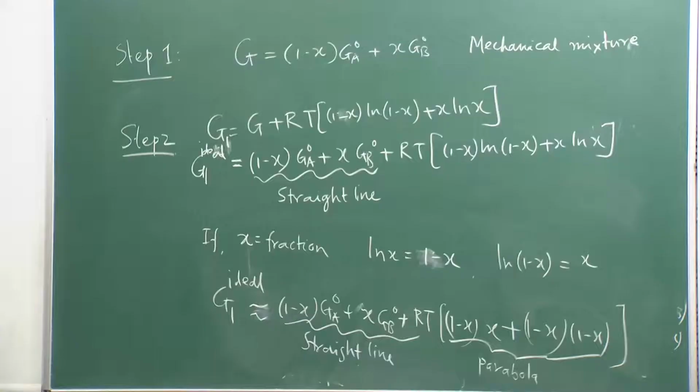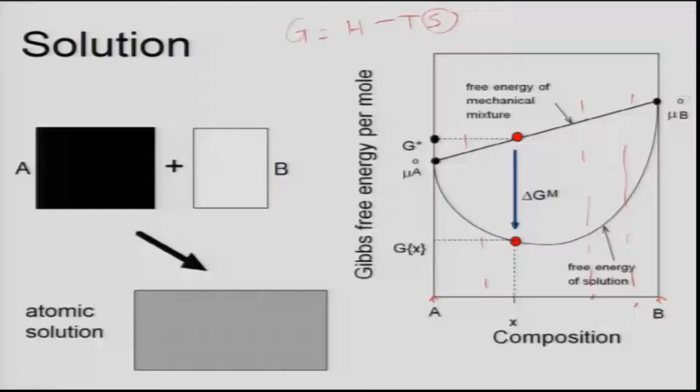The moment you put two atoms side by side, they are mechanically mixed, and this mechanical mixing leads to a change of free energy given by this straight line. If you add them together, you get the total free energy of the system, shown on the y axis in this plot, with x on the x axis. So, this is the real meaning of these kinds of curves.